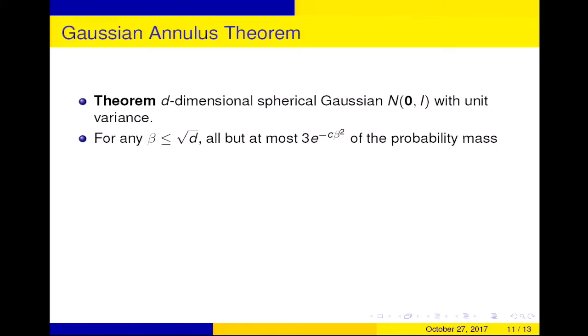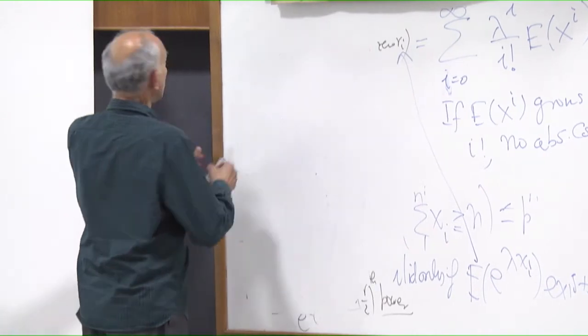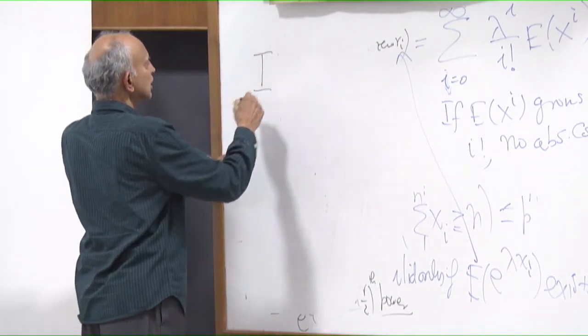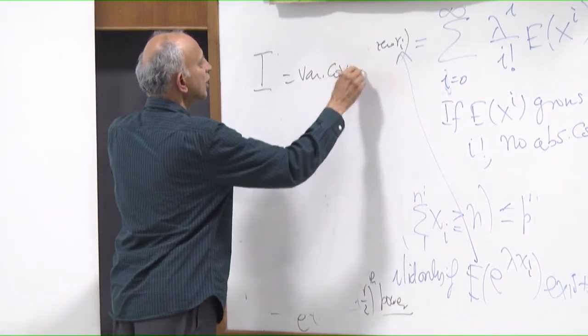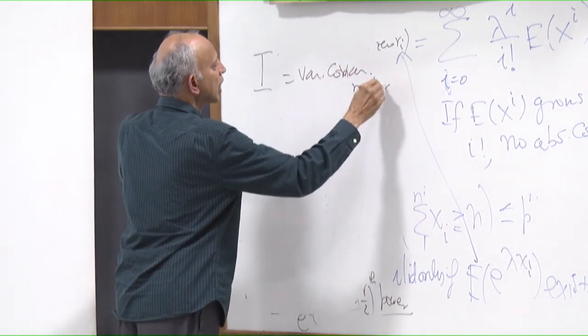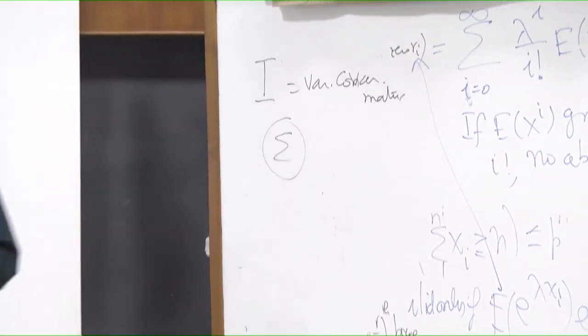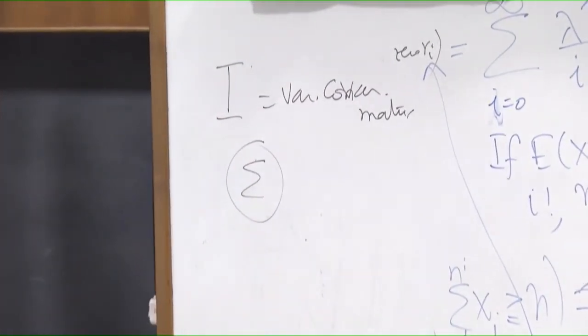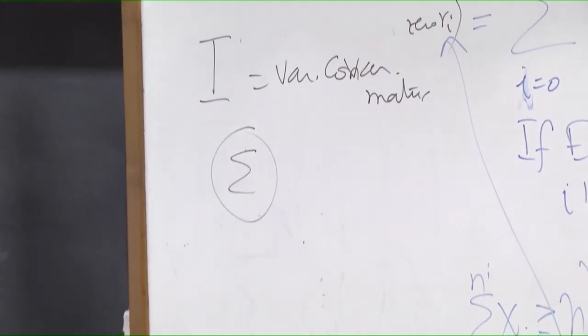For a Gaussian in higher dimensions, you describe it by mean and variance-covariance matrix. In statistics, it's called sigma, right? Statisticians are notorious for their notation, so they use sigma for the variance-covariance matrix, which is a terrible thing to do.